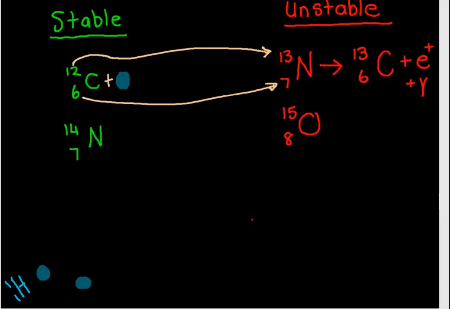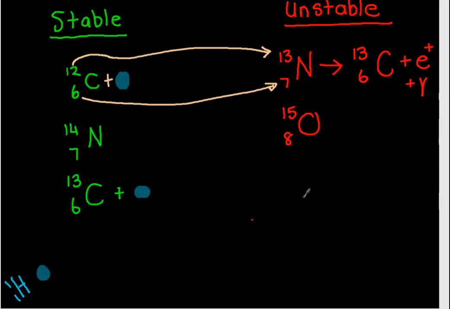Now, the carbon 13 is pretty stable. I didn't actually write it in here by the stable ones, but it is pretty stable. So we've got carbon 13, and now when it's ready and it's lucky enough, it's going to absorb a proton. So it's going to absorb one of these again, which means the mass number is going to increase.